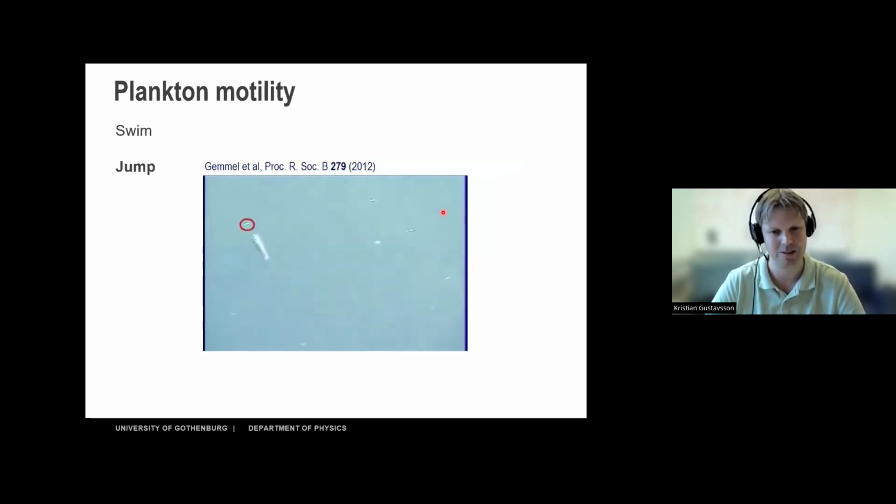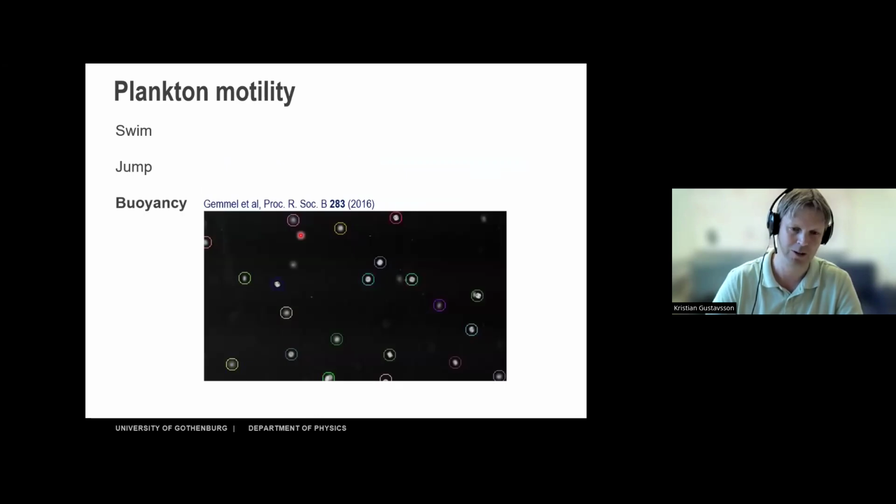Another example is jumping behavior. Here is a fish larva, and these small ones are the zooplankton, and you see that they jump away. One can see that they actually jump at a distance, before the fish larva reaches the zooplankton.